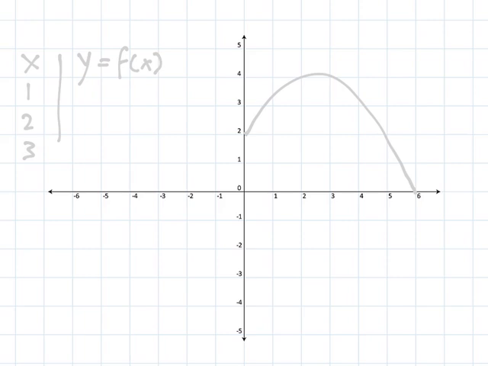So what would be the y value when x is 1, when x is 2, and when x is 3?